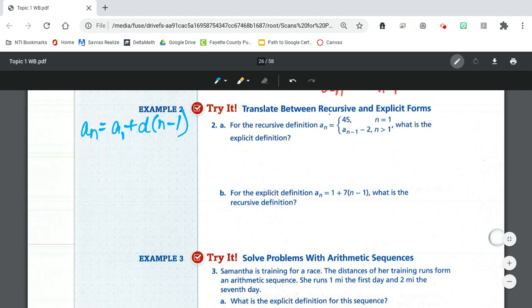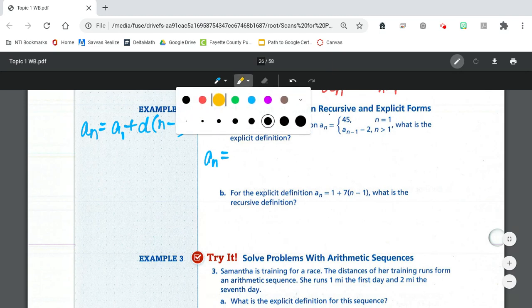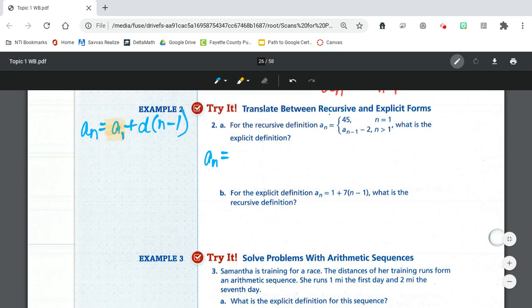Okay, so then I'm going to write a formula for that. So a sub n equals, and when you write the formula for the explicit definition, all you have to do is substitute a number in for the first term and for the common difference and simplify. Everything else you leave alone when you're asked for the formula for it.